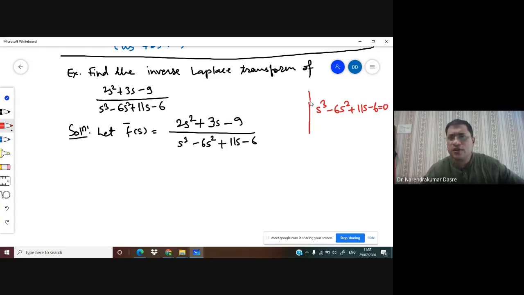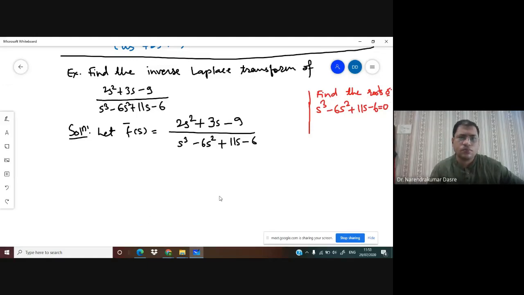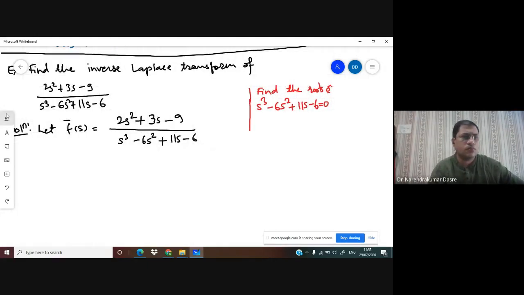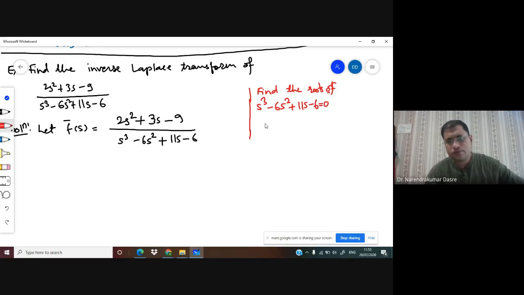Use your calculator and find the roots, and tell me what roots you are getting.